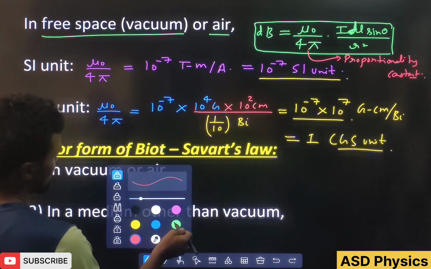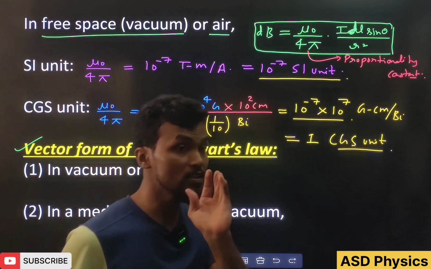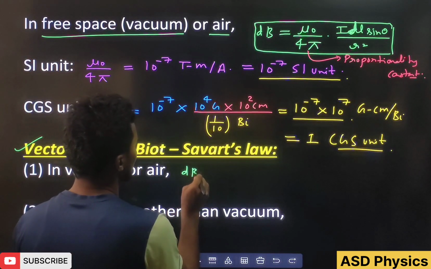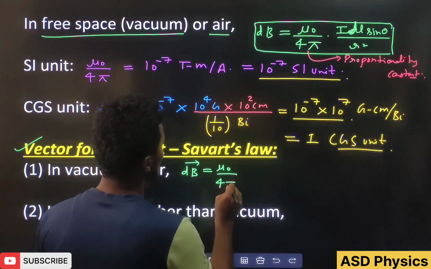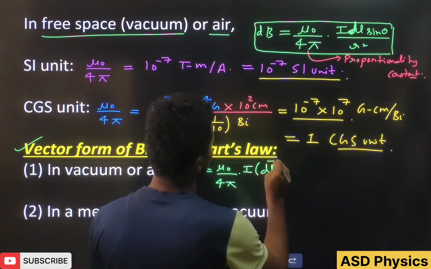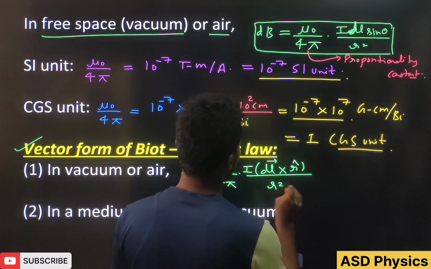Now, very important, the vector form of Biot-Savart law. In vacuum or air, dB equals mu naught by 4 pi I dl cross r cap by r square.